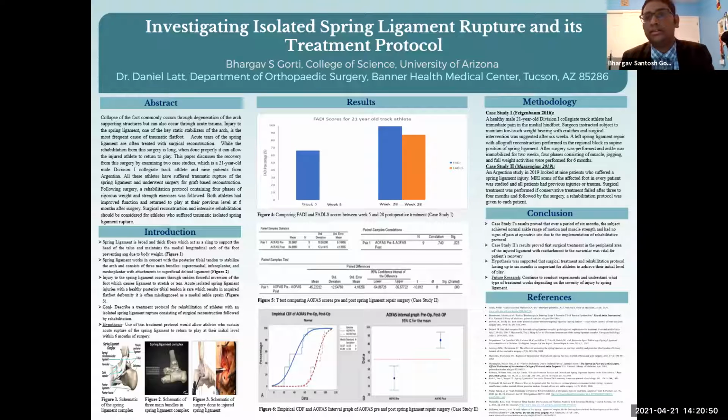But the spring ligament injuries have different levels of severity: there's grade 1, grade 2, grade 3. Depending on the severity of the injury, maybe the treatment protocol will also change. So more research and more people need to be involved in these studies, and only then can we get an overall trend about what type of treatment protocol will be effective.